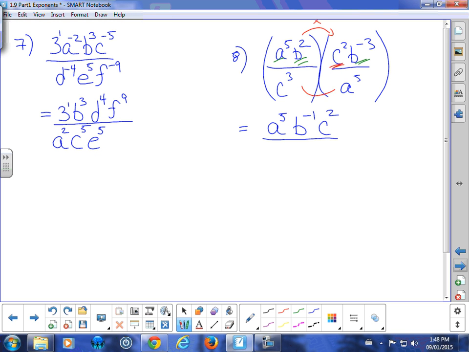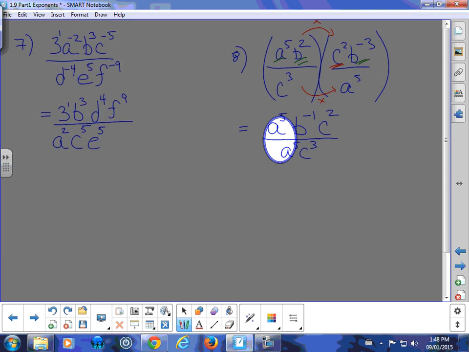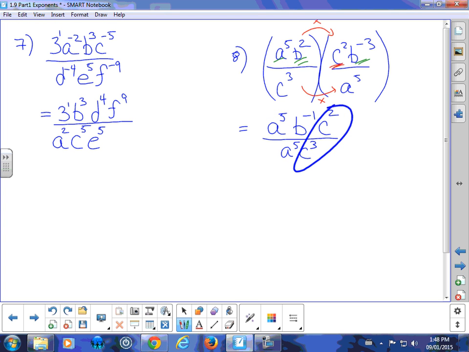A and C are not the same base, so it becomes a to the 5th c cubed. Now you ask yourself, is there any like terms left? The answer is yes. I've got a pair of A's, so we've got to combine them or simplify them. And I have a group of C's here. So we've got to deal with those.